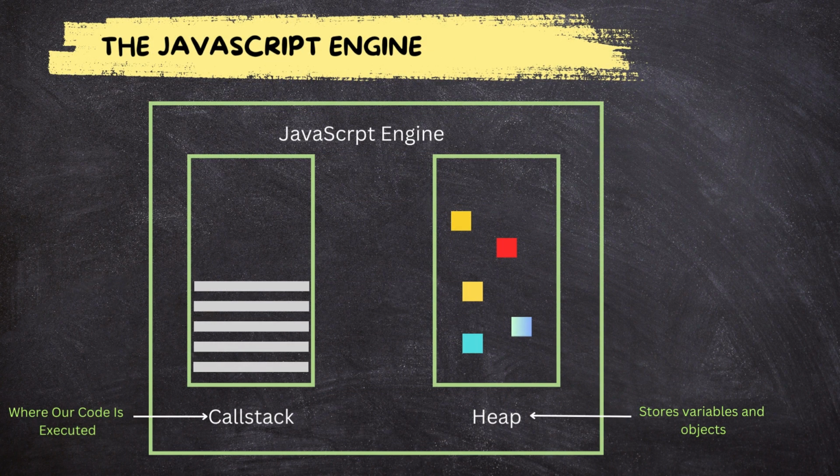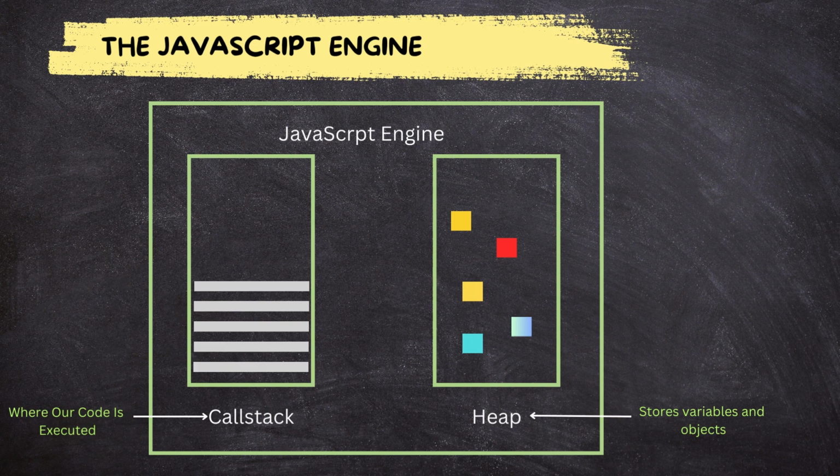Now, the JavaScript engine also has a memory heap and a call stack. The memory heap is where the engine allocates memory for the variables and objects that you create in your code. The call stack is where the engine keeps track of the function calls that you make in your code.